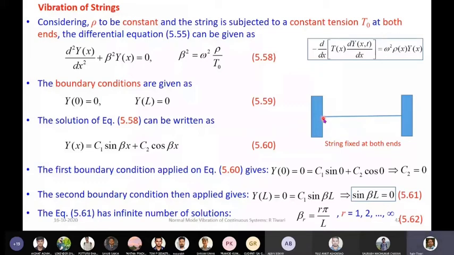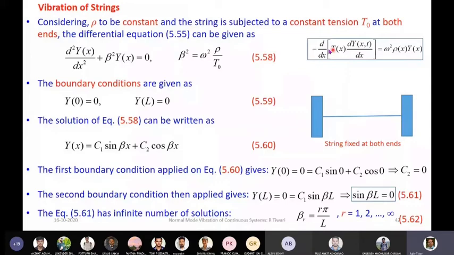Rho is the mass density, and the mass per unit length is constant because it's uniform. So it's not a function of x, so this will come out.